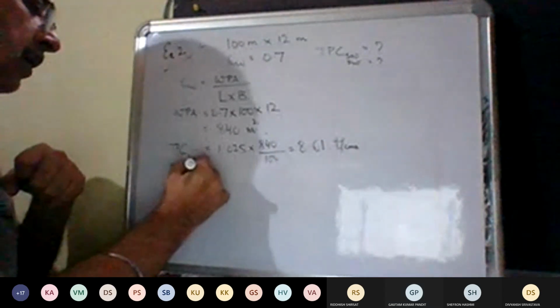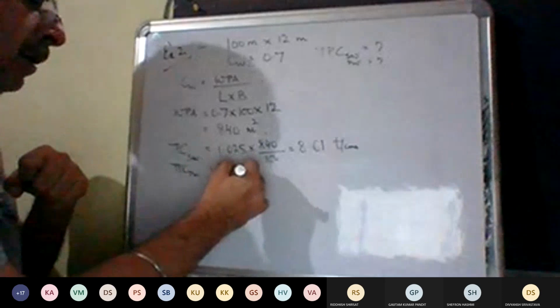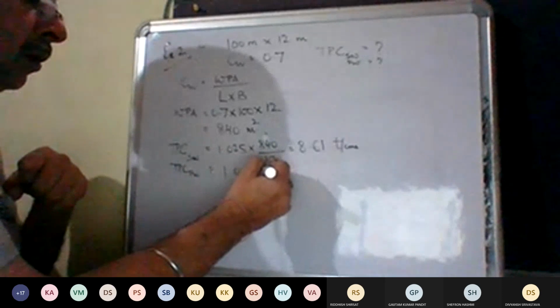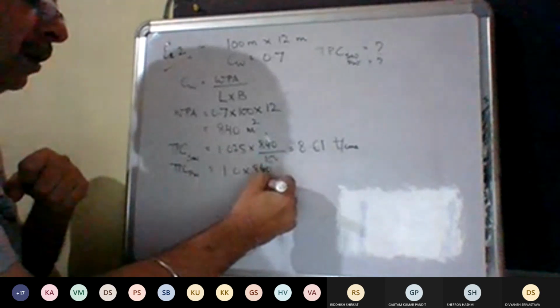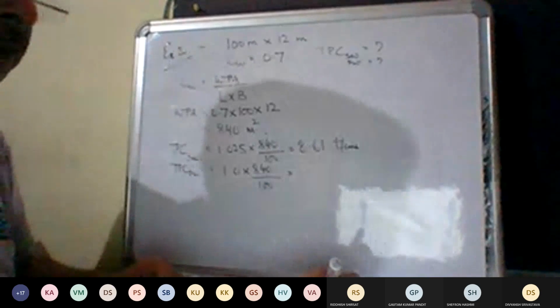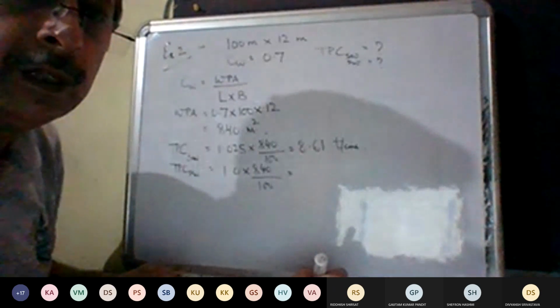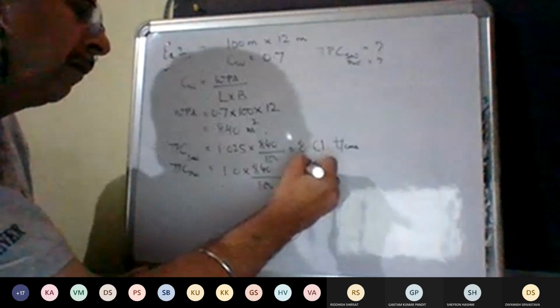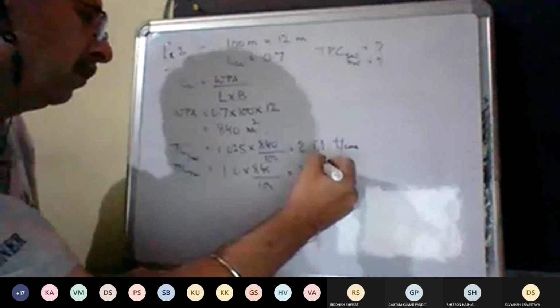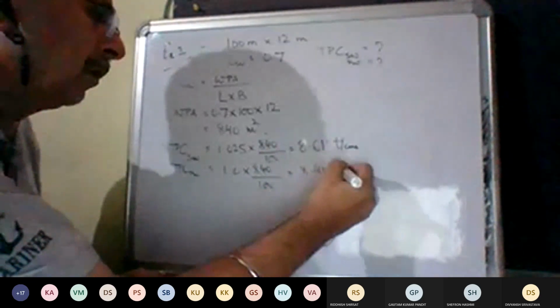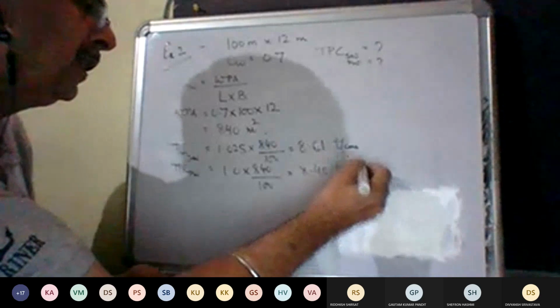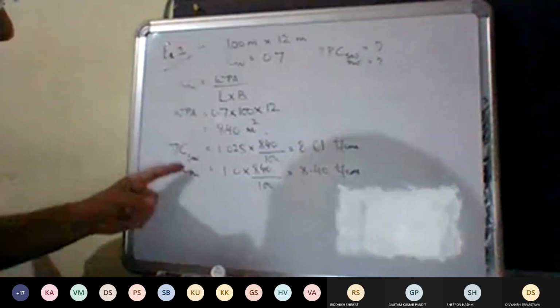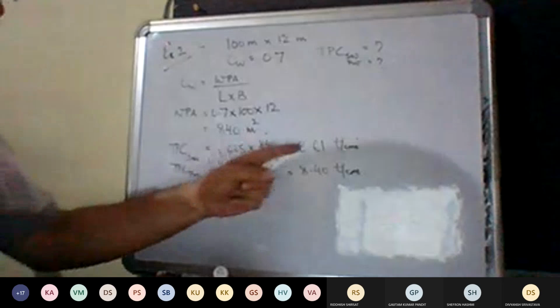Similarly, TPC fresh water will be density of fresh water into water plane area upon 100. So that will give you TPC fresh water. As you can see, TPC changes with density.